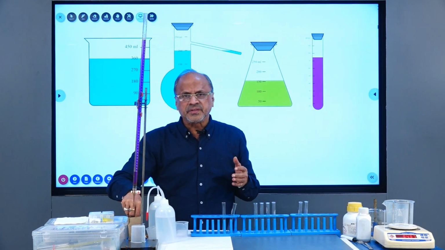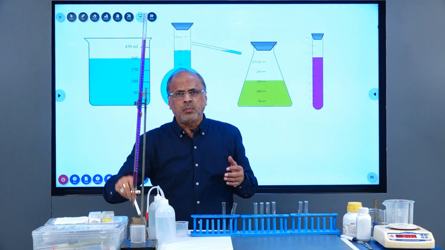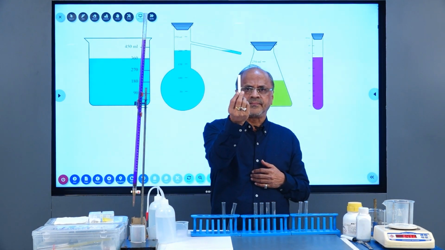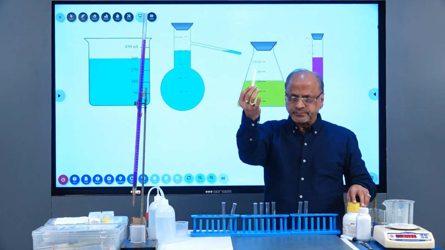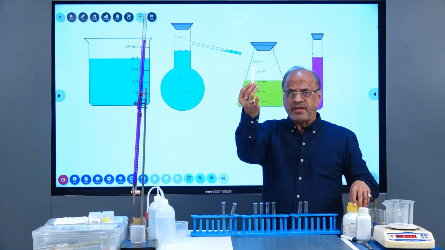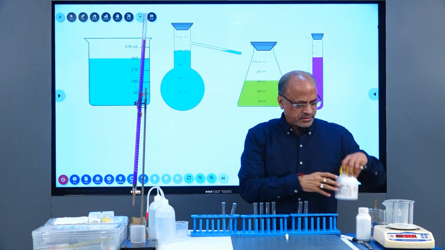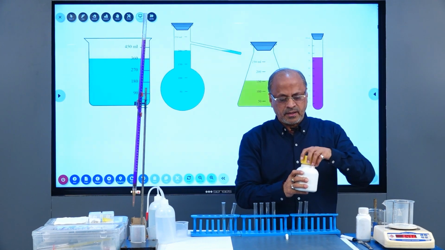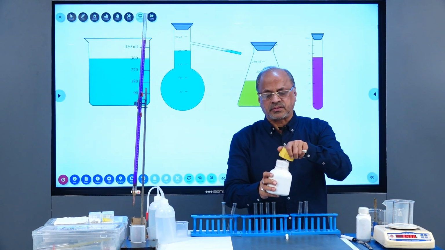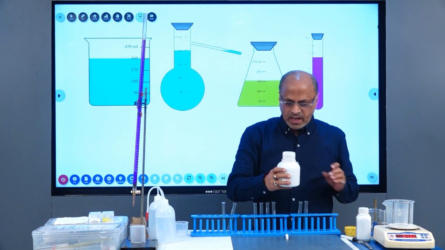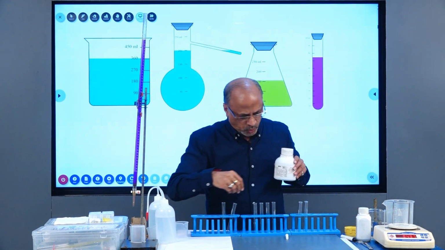Small one, see here. What is this, students? A chalk, right? We have a chalk, I keep it here. Next, I have got here iron filings or iron powder. I have kept iron powder over here.